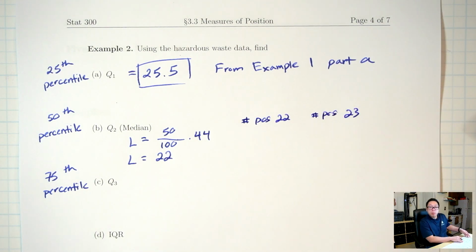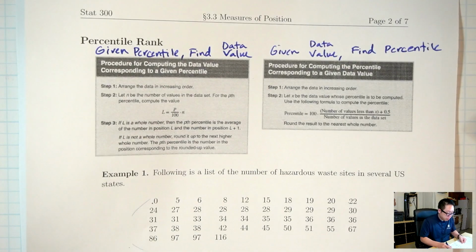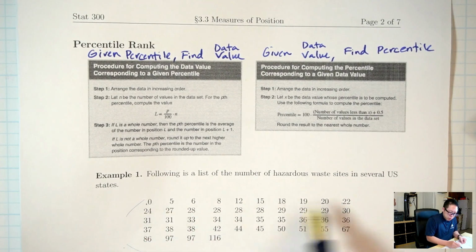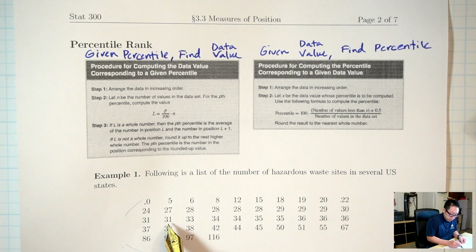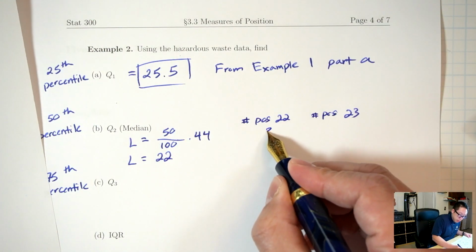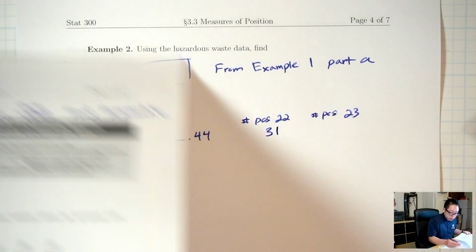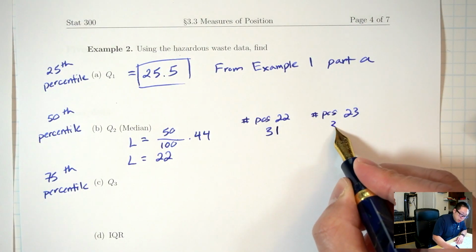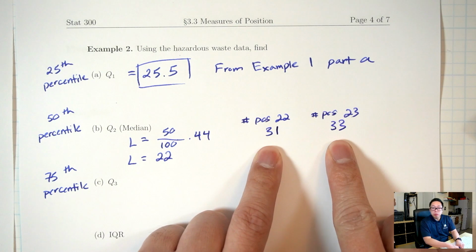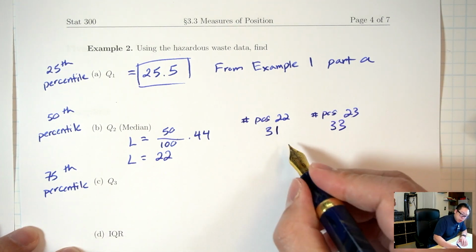I think we said there were 10 in each row, so that's 10, 20, 21, 22. So it's 31. And then the number in position 23 next to it is 33. So we're going to average these two numbers: 31 plus 33 over 2.